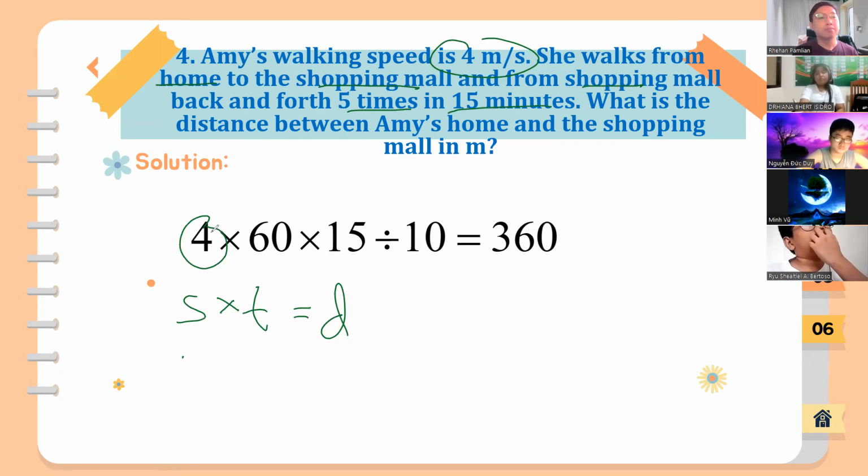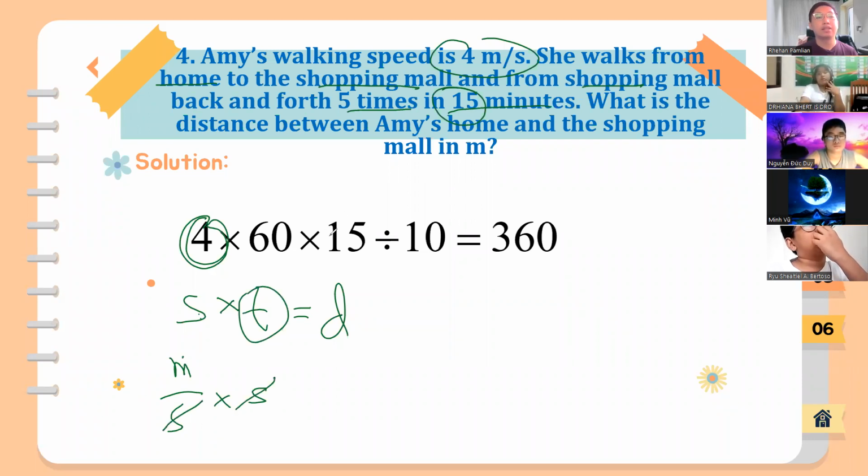So if I multiply 4 meters per second times the time, well, how much is the time? That's 15 minutes. But since the unit of your speed is in meters per second, your time should also be in seconds for it to cancel out. So time should be in seconds. That's why we're converting 15 minutes to seconds.